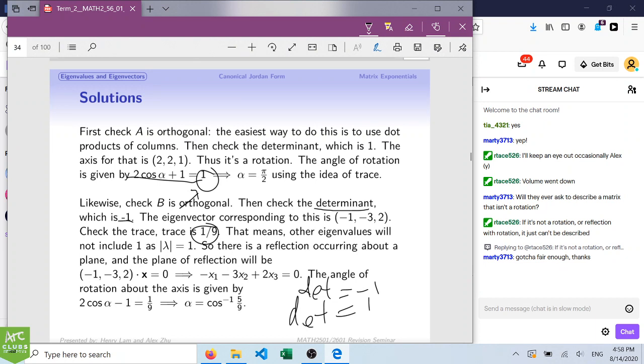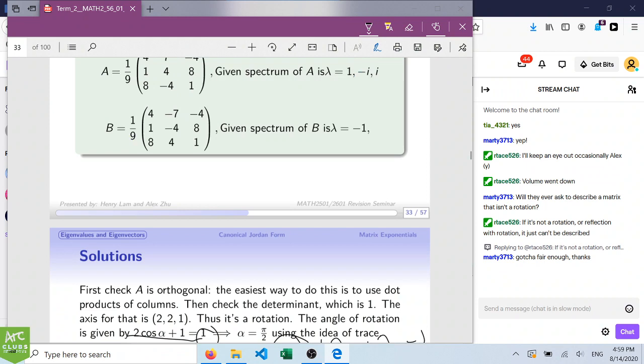But the trace is 1/9, so lambda 1 plus lambda 2 plus lambda 3 equals 1/9, where each lambda value has a length of 1. For this to happen, lambda 2 and lambda 3 have to be complex numbers, which means they're not 1, which means the only real value that we have over here is lambda equals -1.